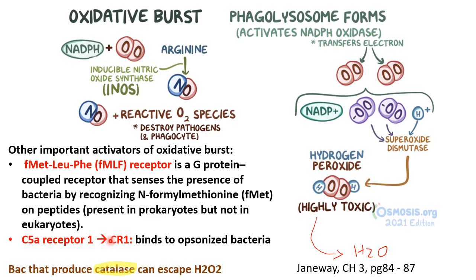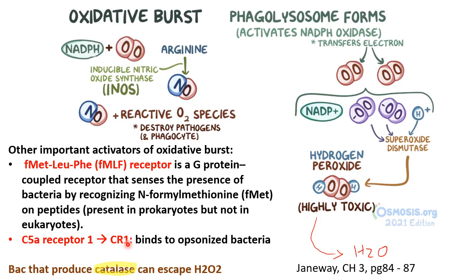Besides that, you also have this other receptor that we're going to see a little bit more about today, called the CR1 receptor. This is a receptor on the surface of your phagocyte, but it's going to bind to a protein that gets cleaved out of your complement system. That protein is called C5a. So what is this going to do?